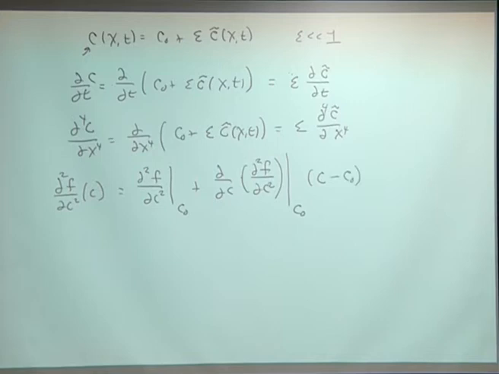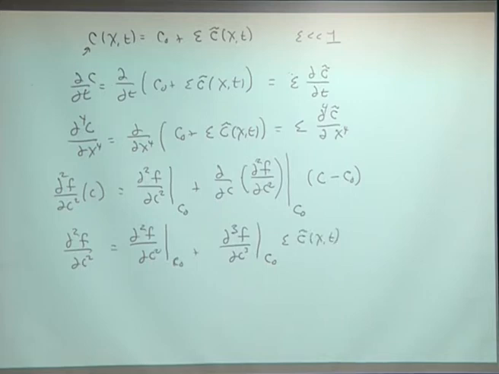And if you use the definition of this perturbation function that I've given on the top here, you plug this into here, the C0s cancel, and you get C tilde is a function of x and t.